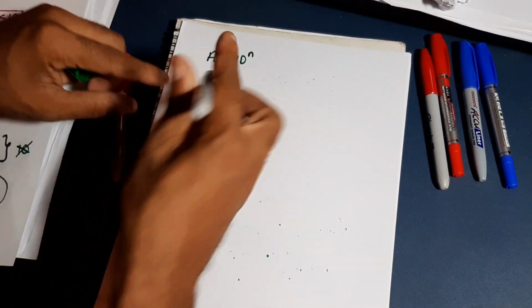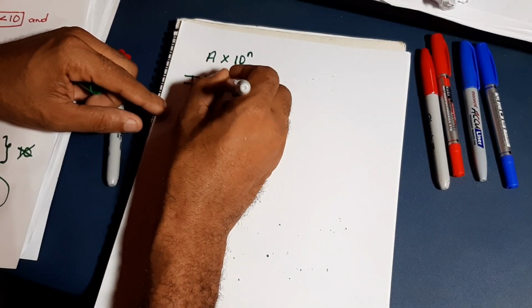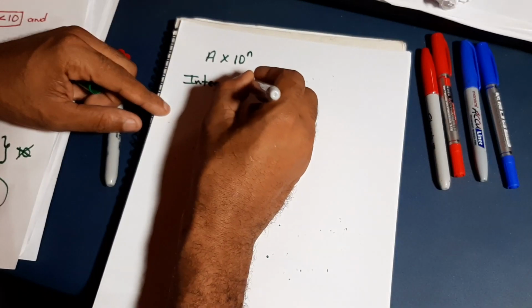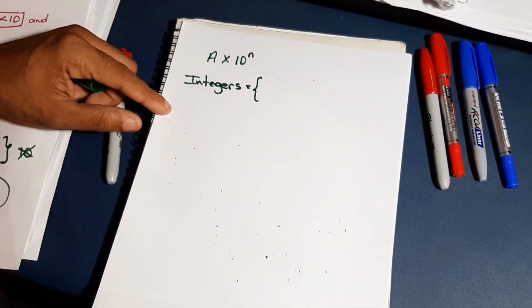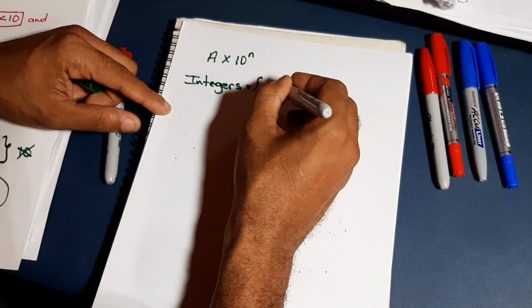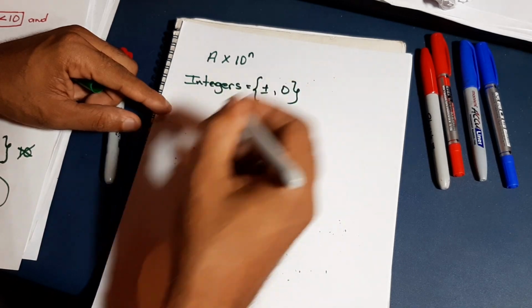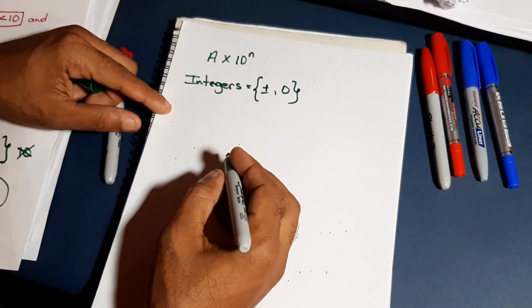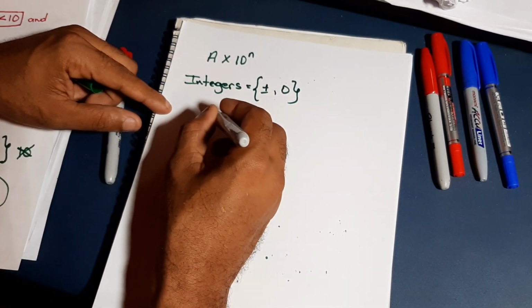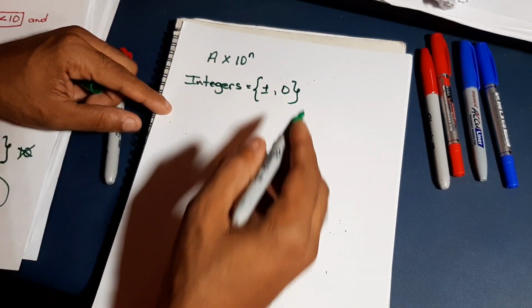Now, what are integers? Integers are positive and negative numbers including 0. So if we list some examples of integers, all values are basically integers, every single one, including 0.